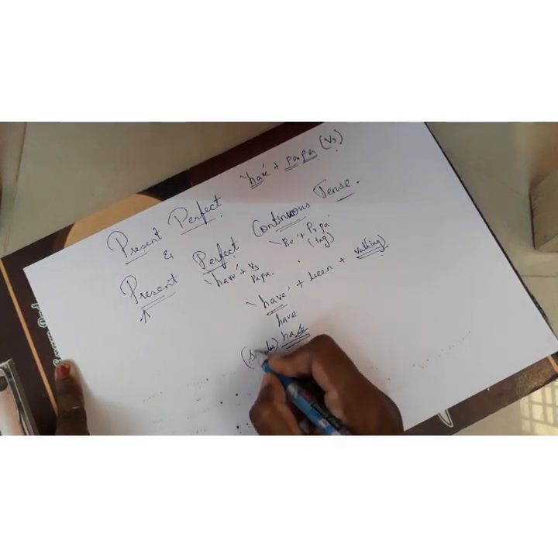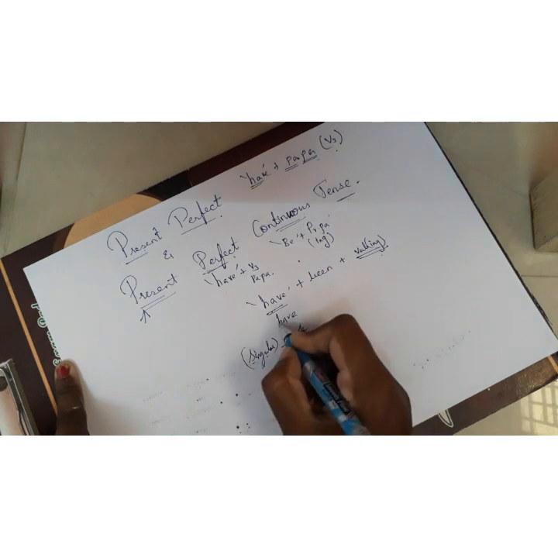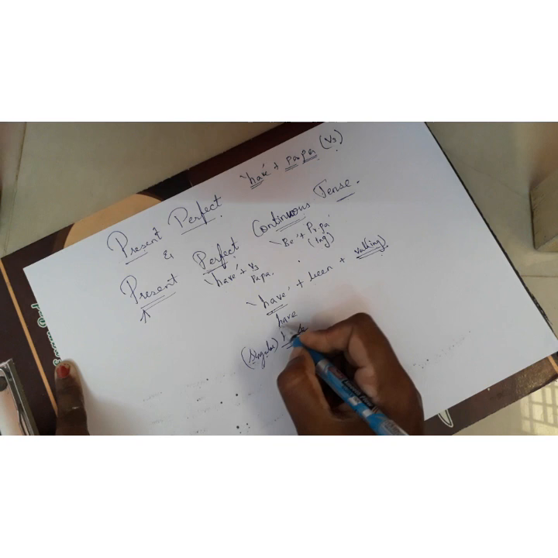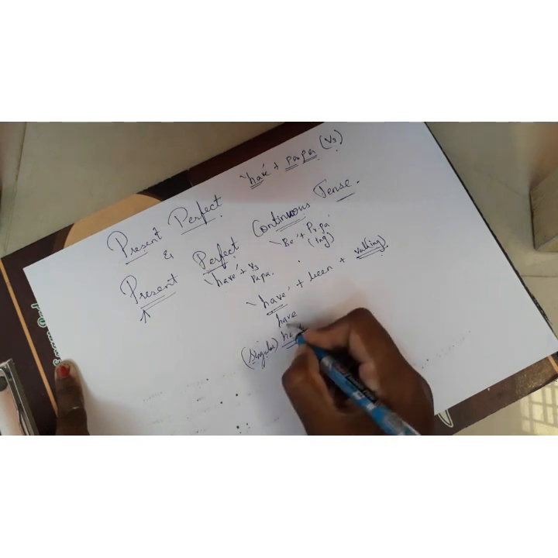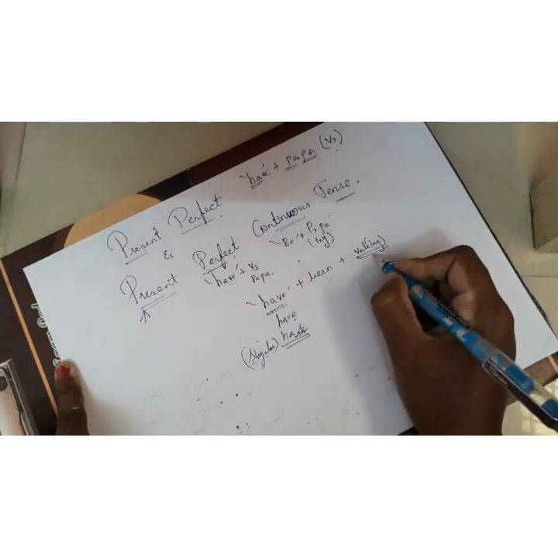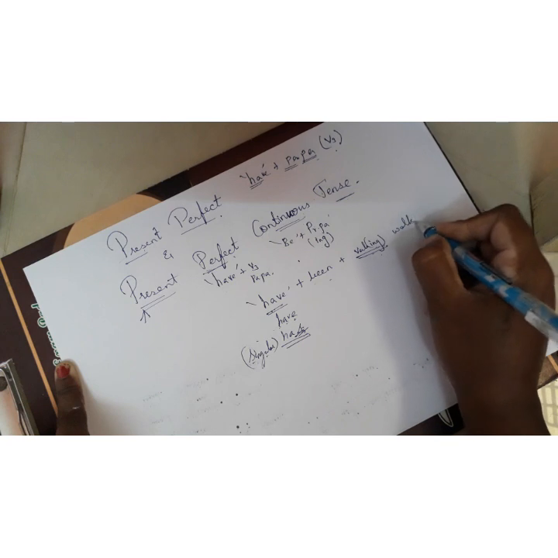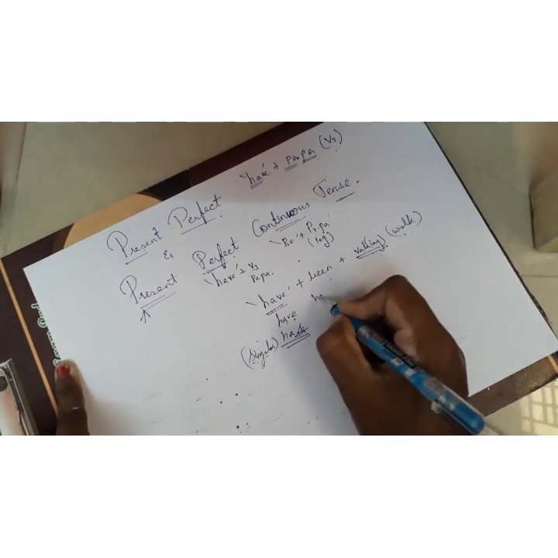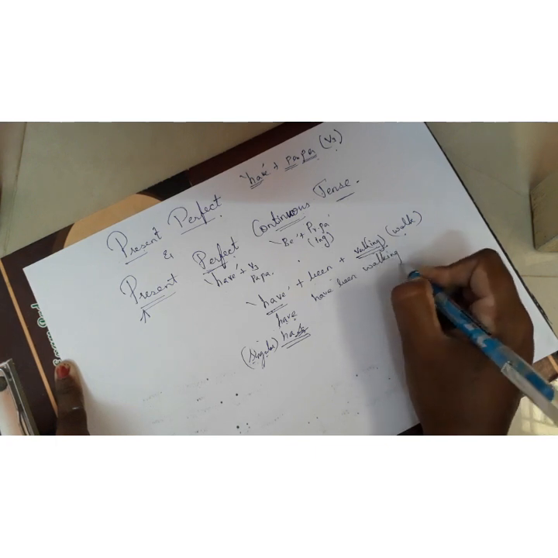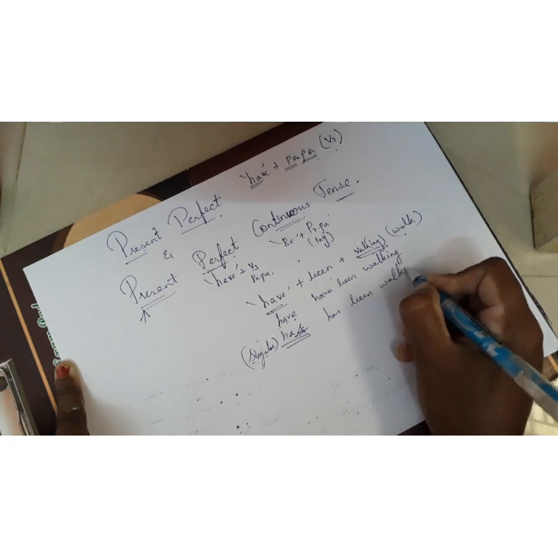And have is for plural subjects, for I and for you. So have been plus verb plus ing. Here my bare verb is walk, so it is have been walking or has been walking.